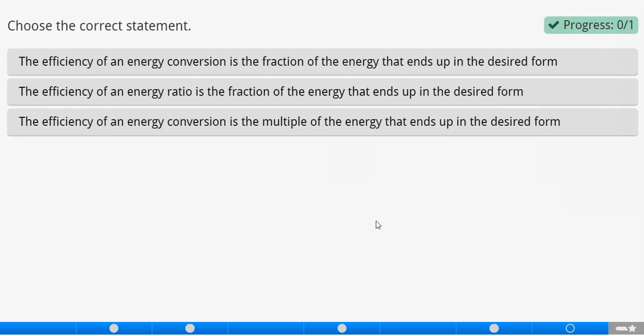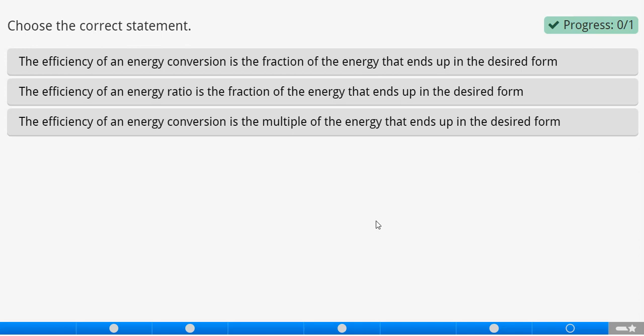Now, let's choose the correct statement before we call it a day. Number one, the efficiency of an energy conversion is the fraction of the energy that ends up in the desired form. That is just what we saw from the last slide: the ratio of energy output to energy input will give us the what? That fraction of the energy that ends up in the desired form.